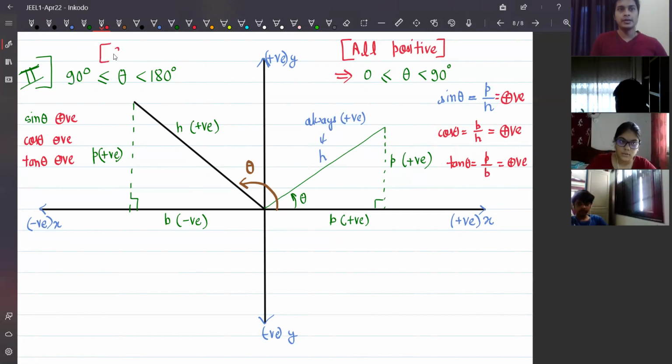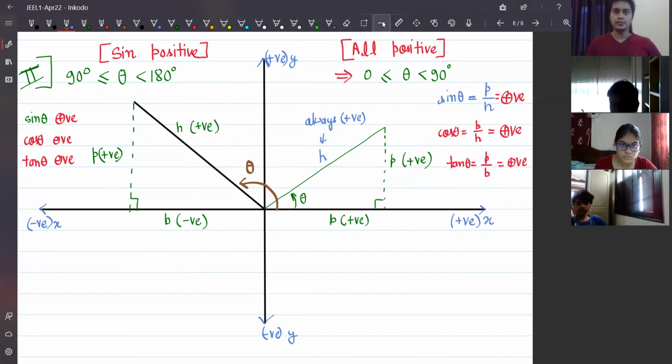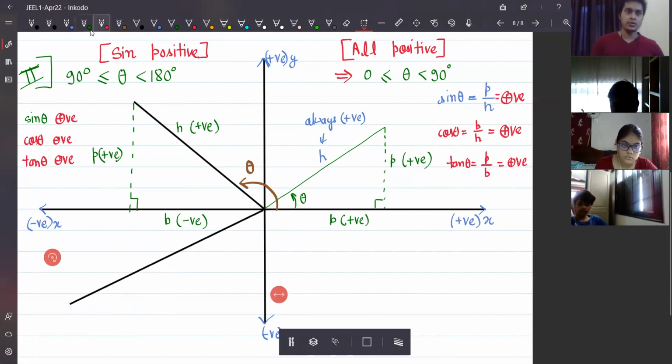So from here, we get a second rule. In the second quadrant, we have only sine as positive. Here all were positive, here sine was positive. Now we'll expand this to the third quadrant. This is the third quadrant.